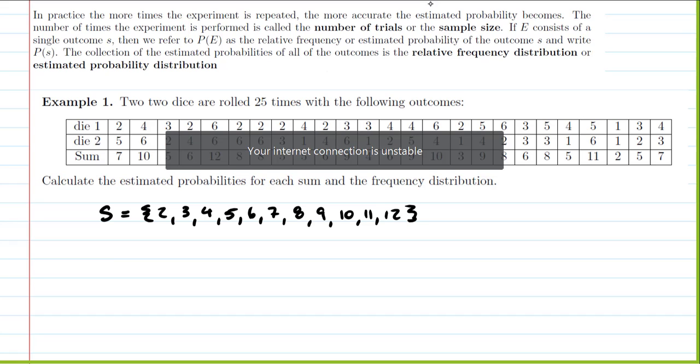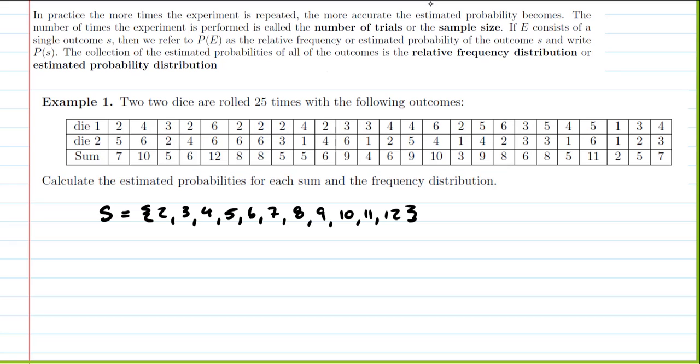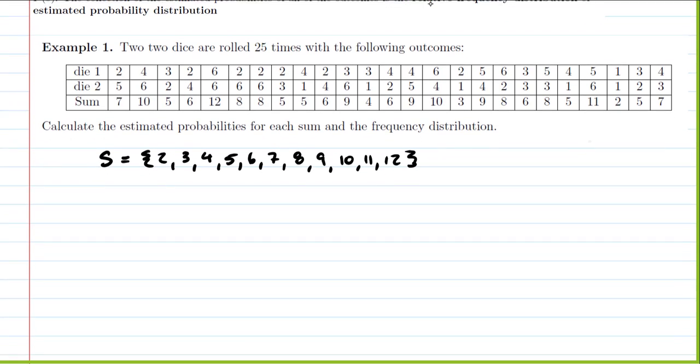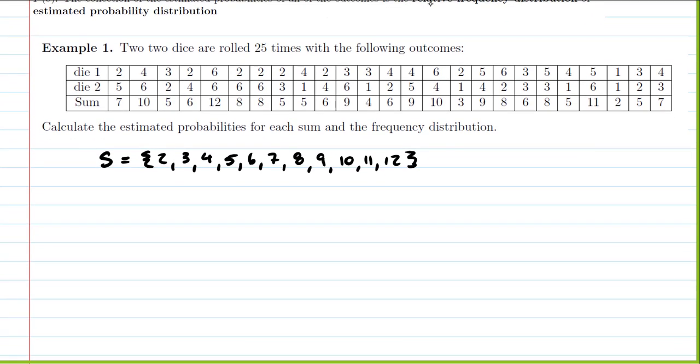So those are the possible values that we can get when we add the sum of 2 dice together. So now for our frequency distribution, we want to calculate how many of each of these we have.